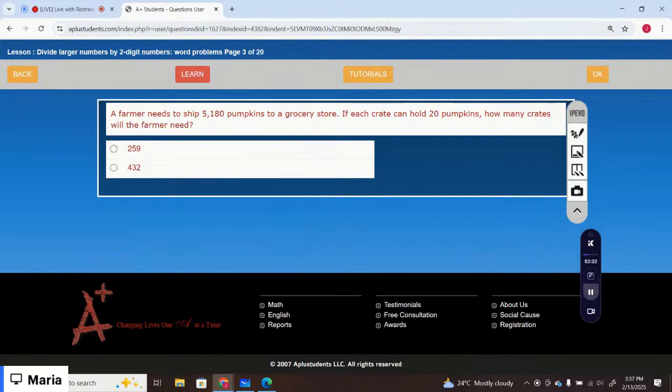So which is the correct option? That is 259. Option number 1 is the correct option.